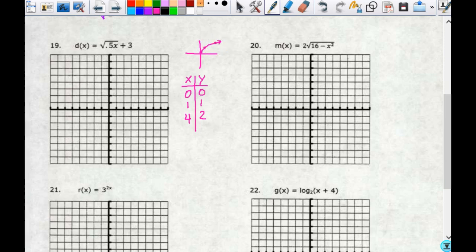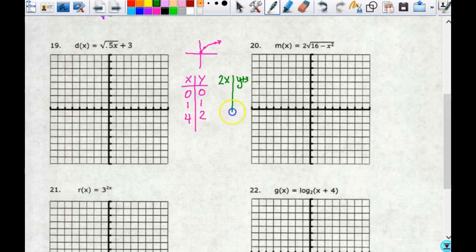Now, we're going to have to do transformations on this. So this 0.5, which is really like 1/2, is being multiplied by x, so I do the opposite. Instead of multiplying by 1/2, I multiply by 2. So I'm going to double all of my x values, and I'm going to add 3 to my y values. This is 2x and y plus 3.